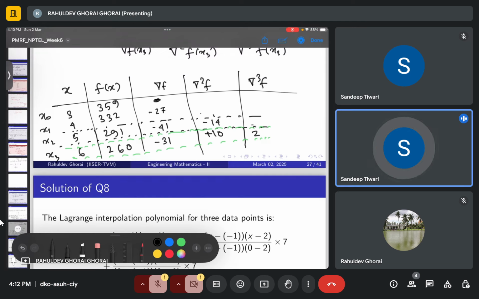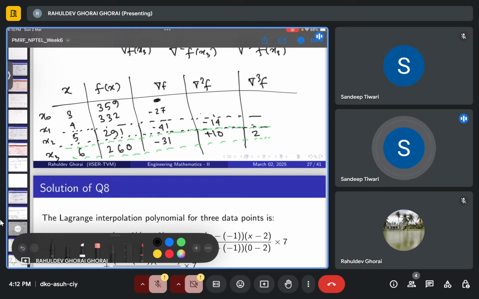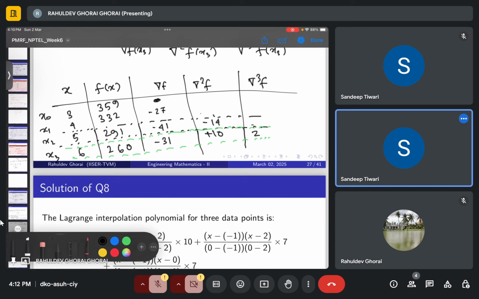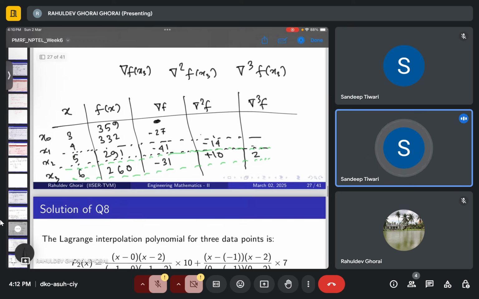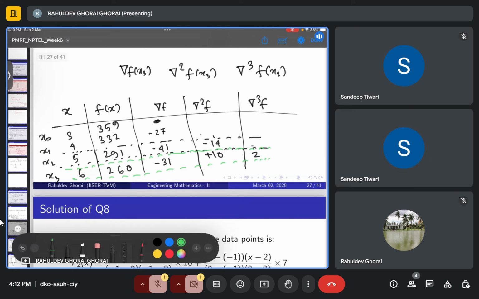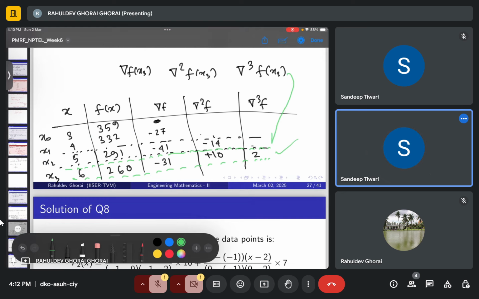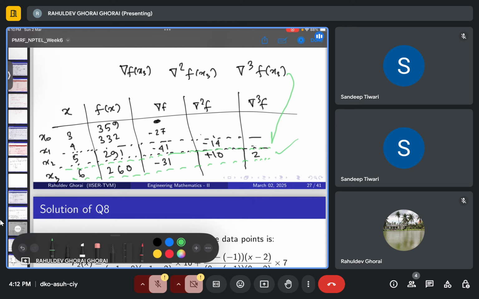We need the last line, the values in the green line. So the last entry is 24. That is correct.